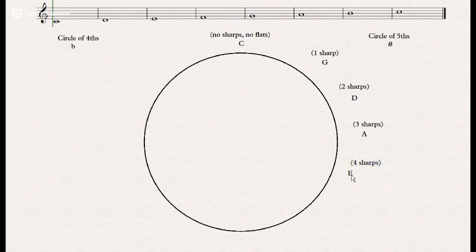Let me move this over a little bit. And where we go from E, count 5: E, F sharp, G sharp, A, B. So here at 5 o'clock, I'm going to have my B major scale, and it's going to have 5 sharps.